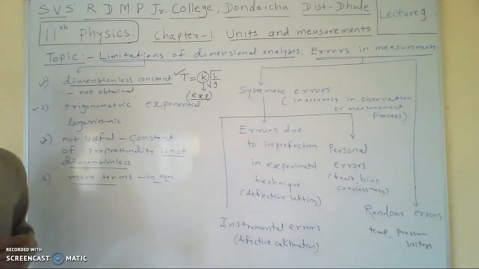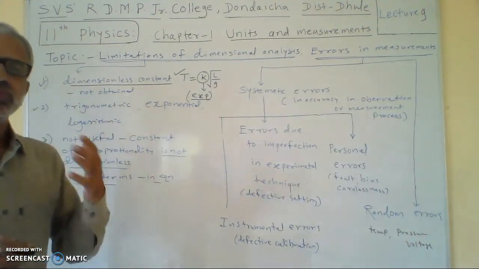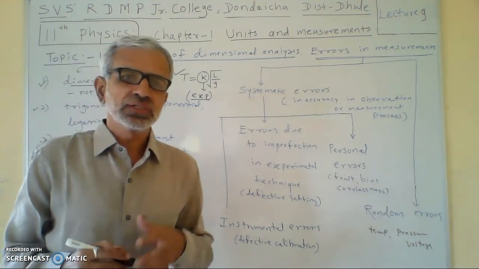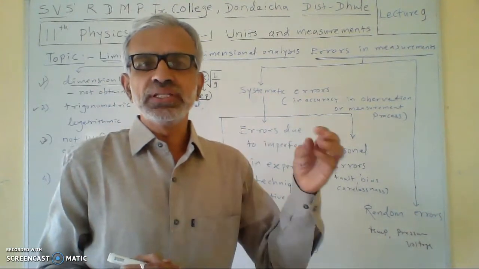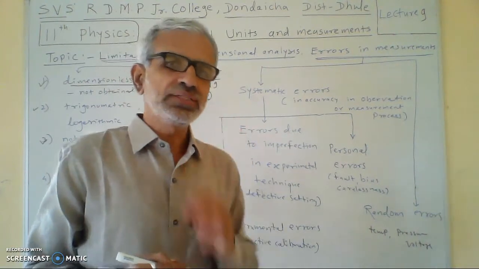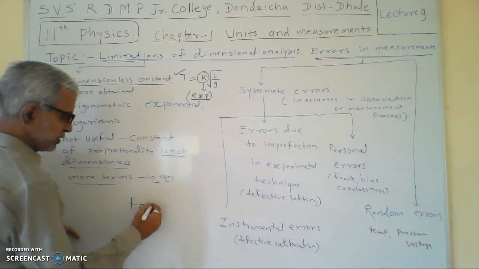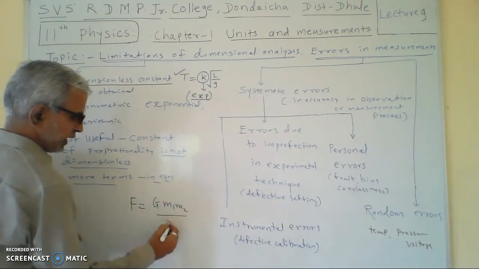Then the third limitation is that dimensional analysis is not useful if the constant of proportionality is not dimensionless. Means if the constant of proportionality has some dimensions, then dimensional analysis is not useful in that case. For example, we take F equal to G m1 m2 upon r square.